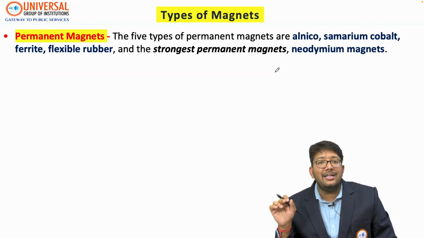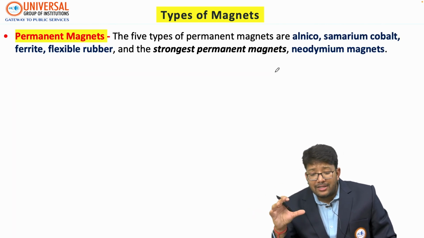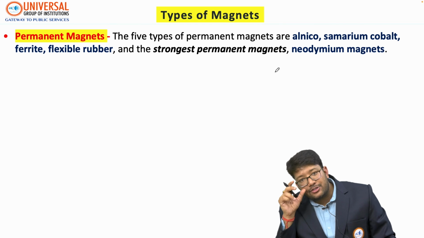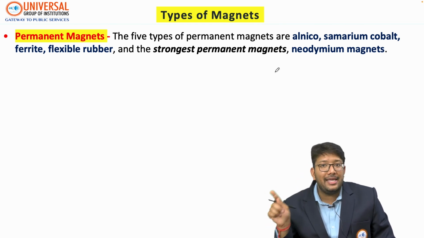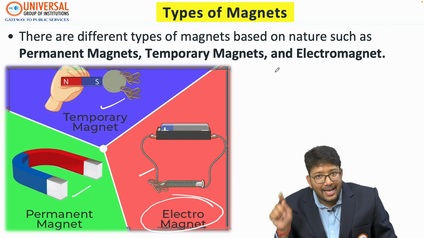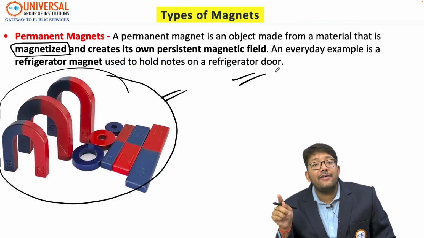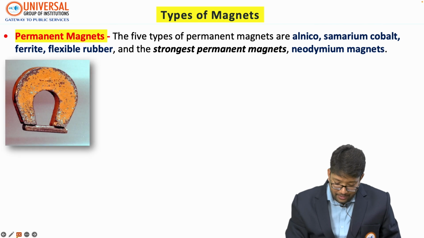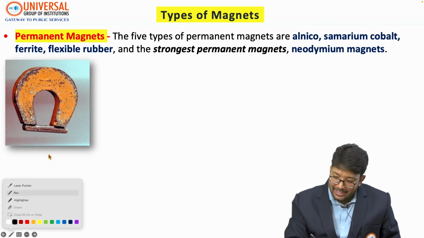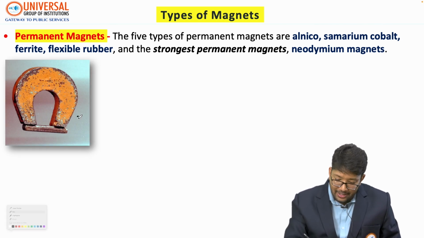Second, there are types of permanent magnets also. First of all, we talked about types of magnets: permanent, temporary, and electromagnet. Then there are 5 types of permanent magnets. For example, alnico. This is our alnico. Second is samarium cobalt.